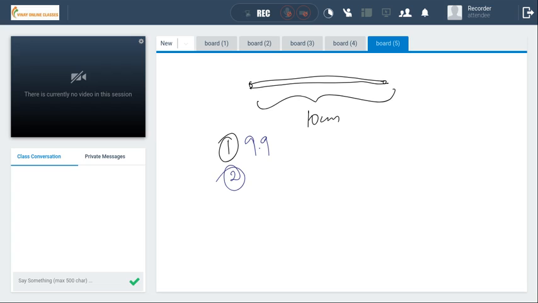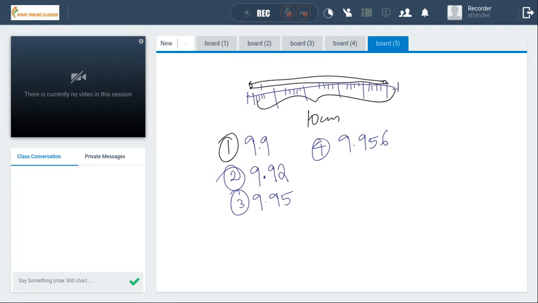Okay, the other one gets it as, like, if you have a scale, then the scale will have many divisions. So suppose you have very, very minute divisions in your scale. You have to suppose this. So one is 9.9, the other is 9.92. Third value is 9.95. The fourth value 9.956. Another one you get 9.97.